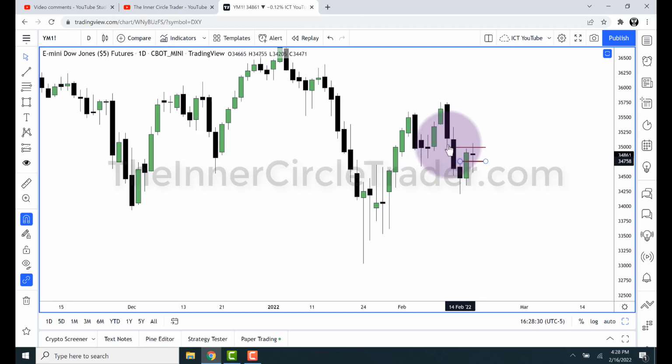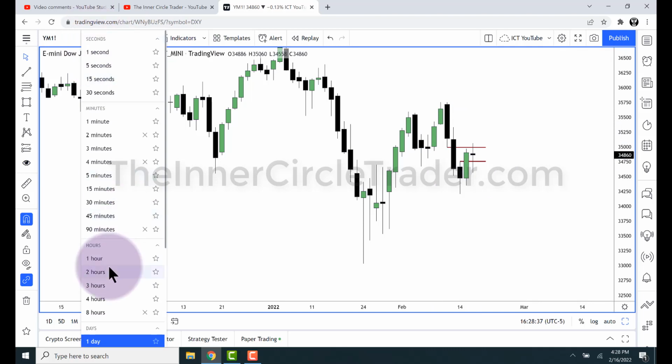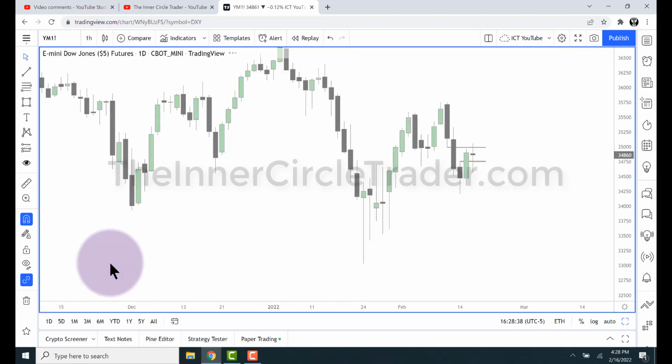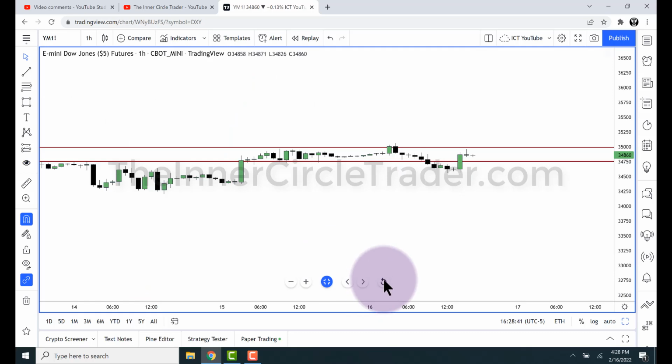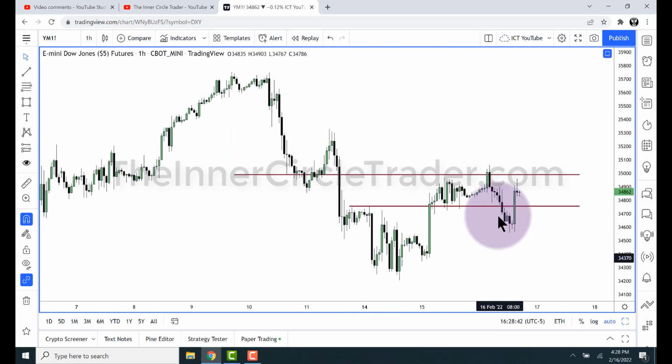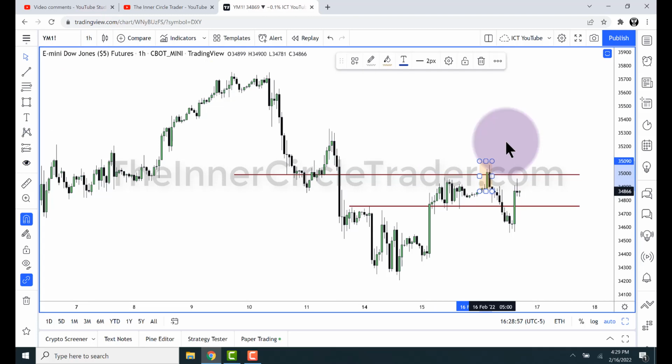So we have the fair value gap in here, trades up into it. We're going to go into the lower time frames, and you'll see hopefully, visually, why I don't like this one versus the others. Really sloppy in here. And then, yes, we had that run above. But let's look at this area here and see if we get anything worth mentioning.